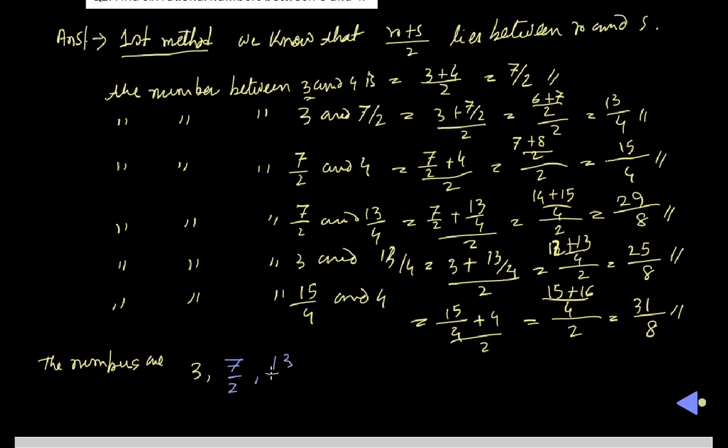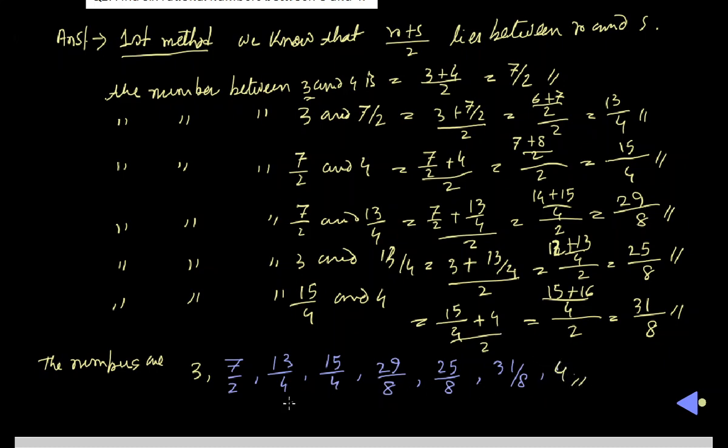Next one is 13 by 4, 15 by 4. Here it is 29 by 8, 25 by 8, 31 by 8. So the final value is equal to 4.